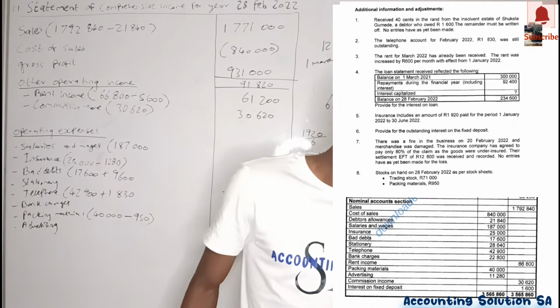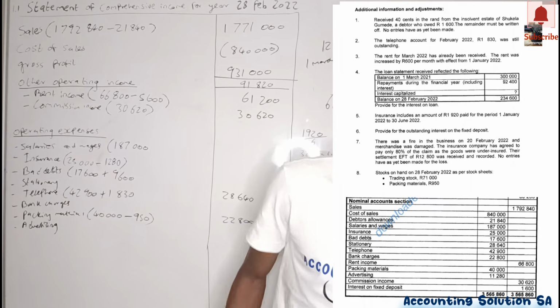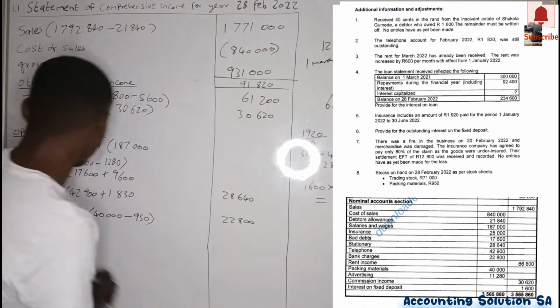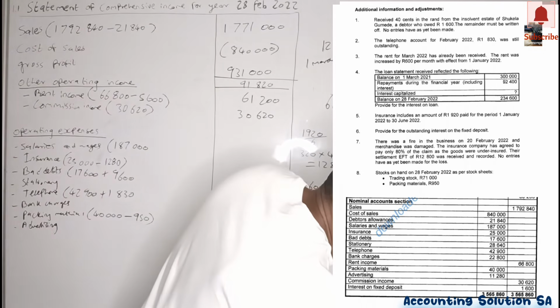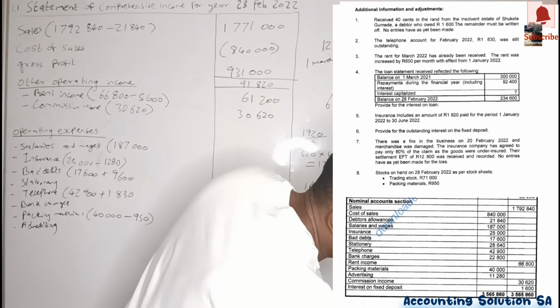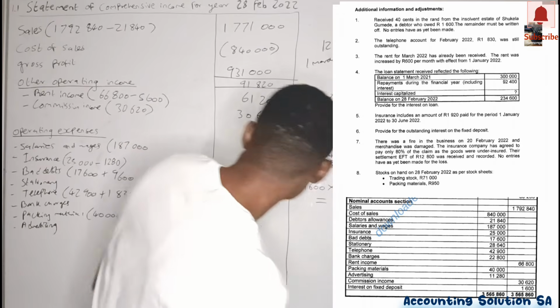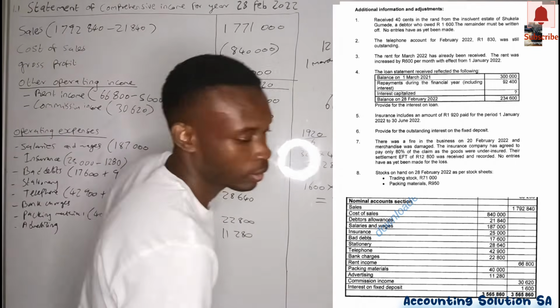The next one that we have is advertising. Okay, advertising, I don't think we have a transaction, 11,280. Let's check if we have a transaction. We don't have any transaction for this one.